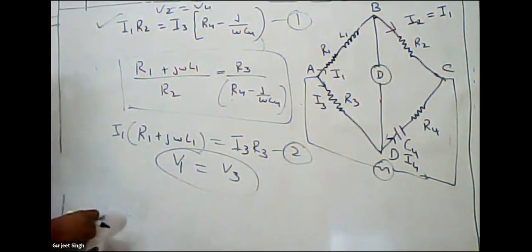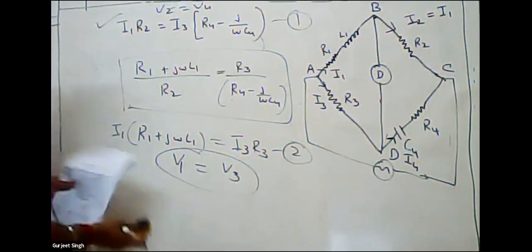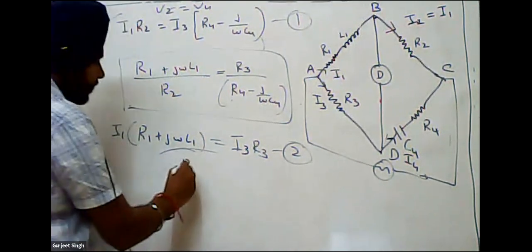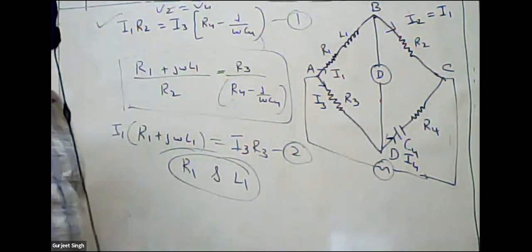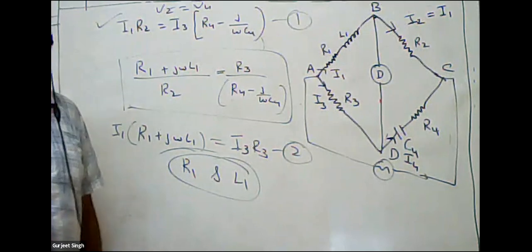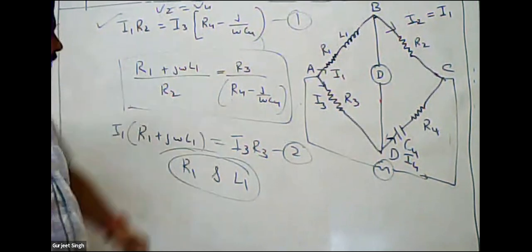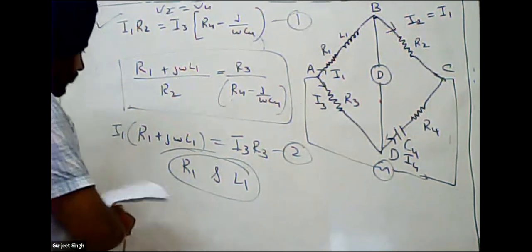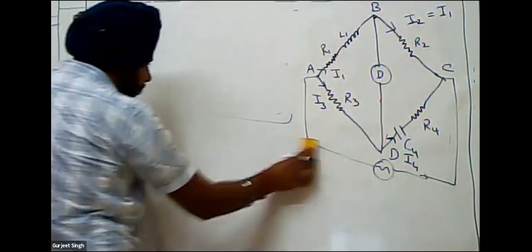Now cross multiplying these equations, then separating the real and the imaginary parts, we find the value of R1 and we will find the value of L1. This exercise you have to do on your own. You will simply do the cross multiplication of this equation and then separate the real and imaginary parts. You will find the value of R1 and the value of L1.